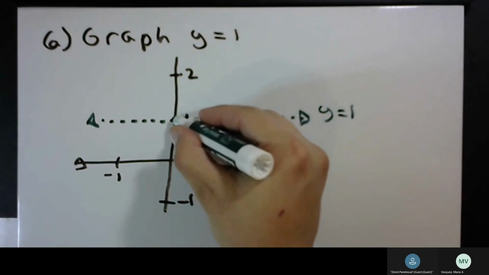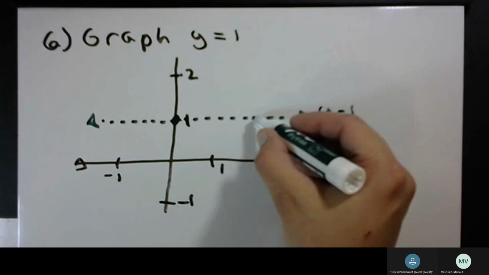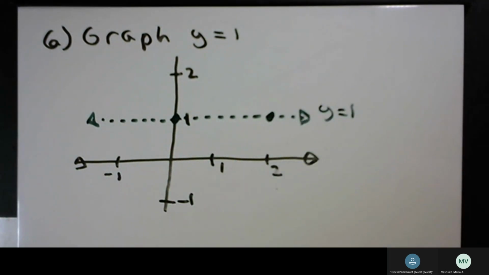And again, you can draw it with a point here at y equals 1, and then another point just directly across to get that horizontal line. So any questions about that?